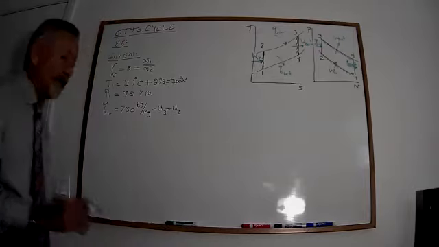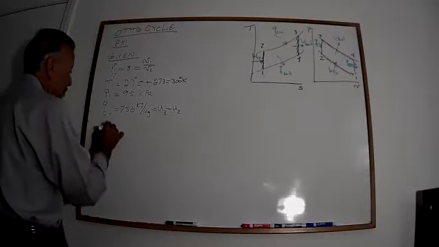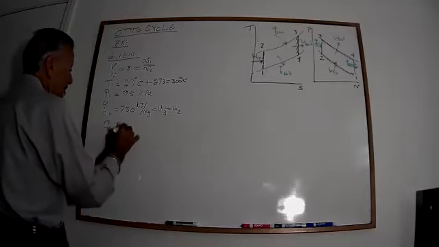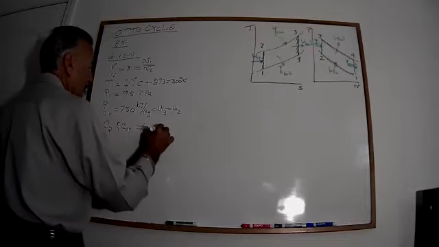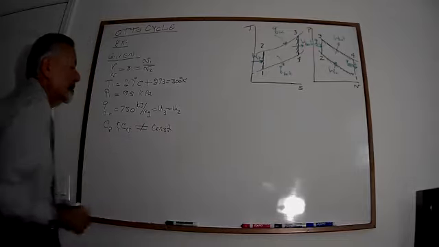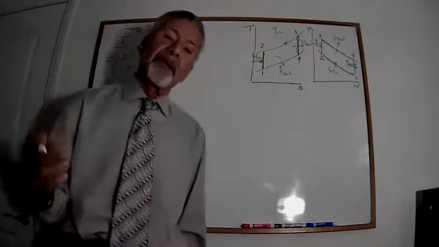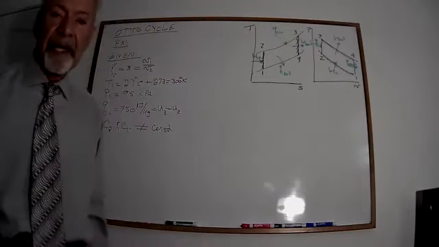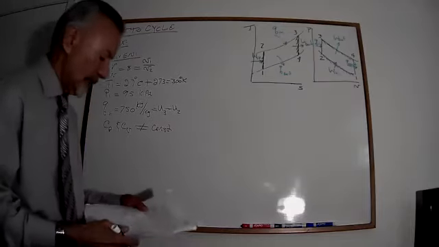When they say consider variable specific heat, that means Cp and Cv are not constant. It says variable, that means they vary with temperature. So they're not constant. Right off the bat, they're telling us.